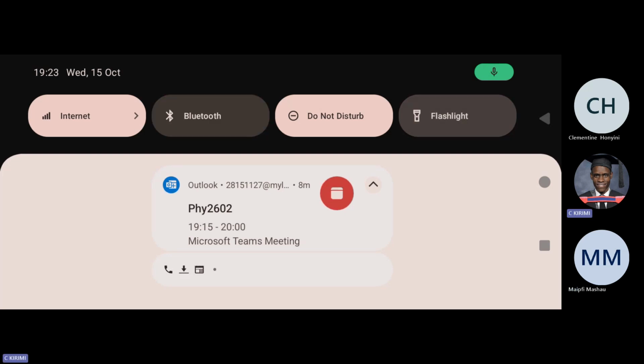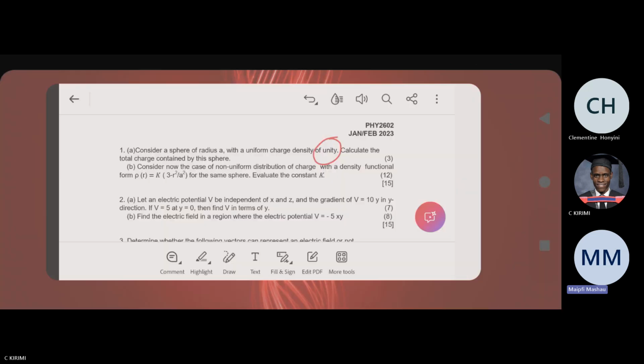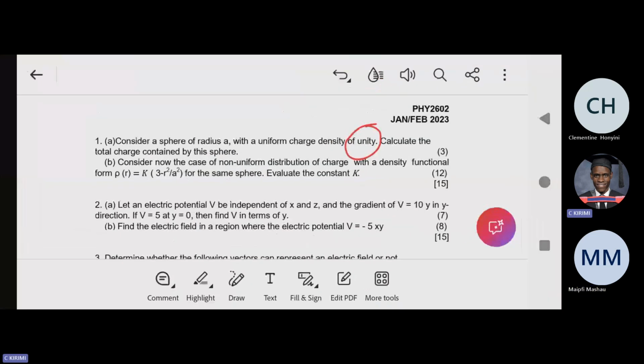It applies in physics as well. That's why the charge density is 1. So the charge density of unity is 1. You are whole, you are full, you are complete. It means 1. 100%. 1 over 1. 1 is full.